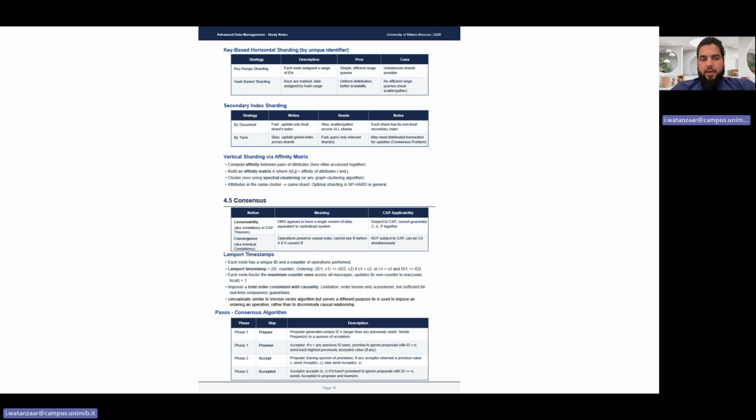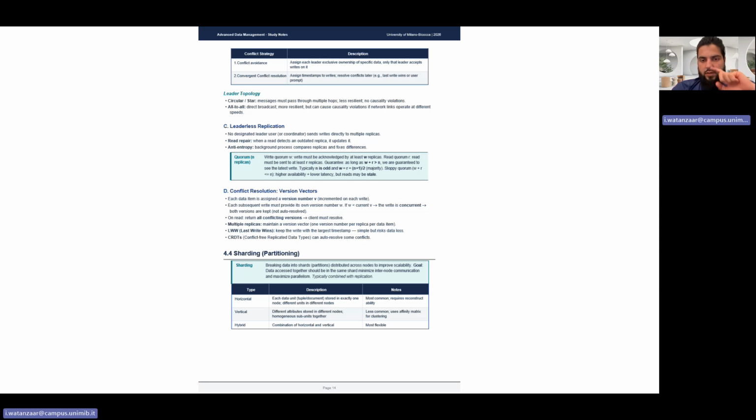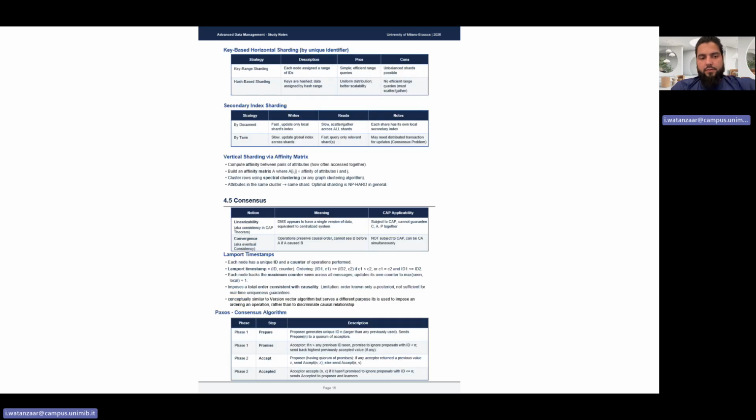This limits internode communication, so most of the data accessed by a query is on the same node, and it enhances parallelism. We discussed these things in the previous slide: limiting internode communication and maximizing parallelism. Furthermore, in practice it is hard to find the optimal assignment of data to nodes.